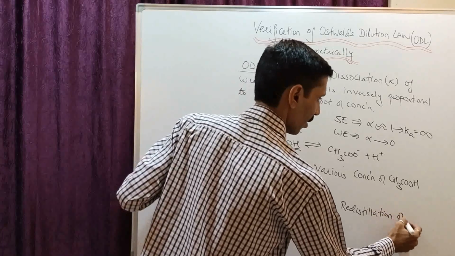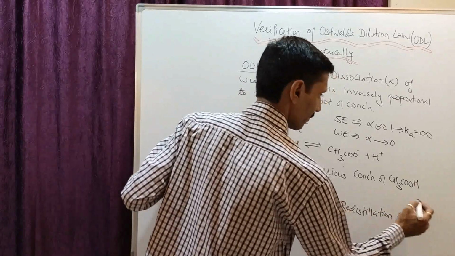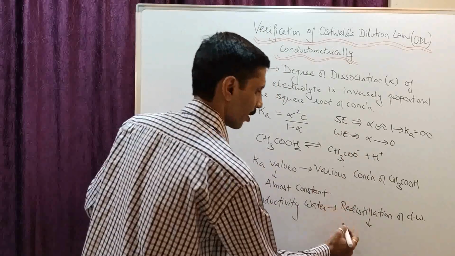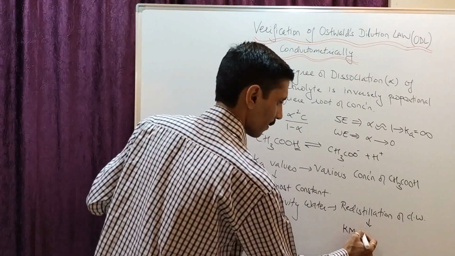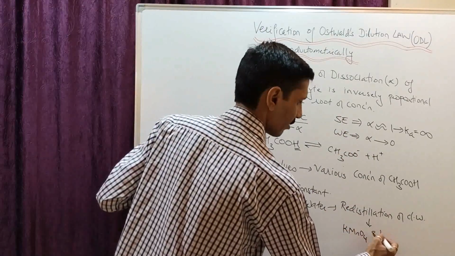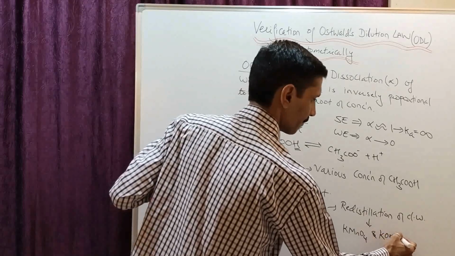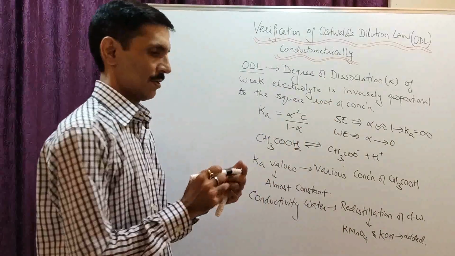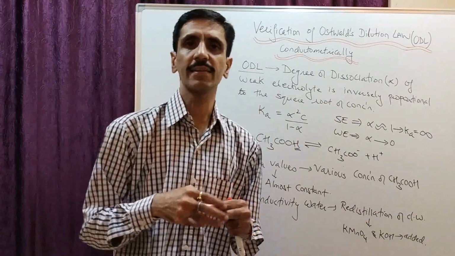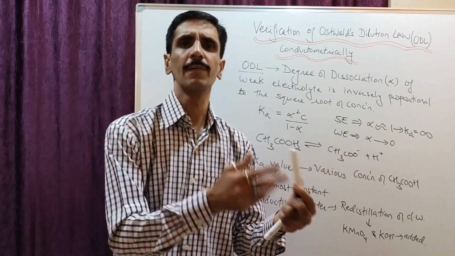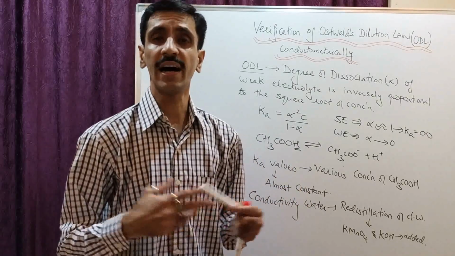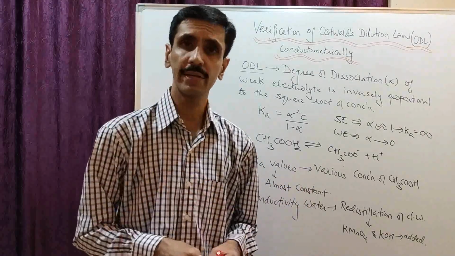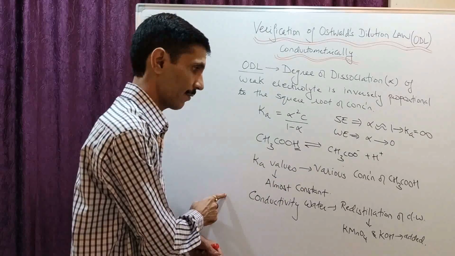Redistillation of distilled water, to which some quantity of KMnO4 and KOH is added. अब देखो मैं एक बात बहुत क्लियरली बताना चाहता हूँ कि we say that distilled water contributes ions, which contribute towards conductivity, and that's why we are using conductivity water.